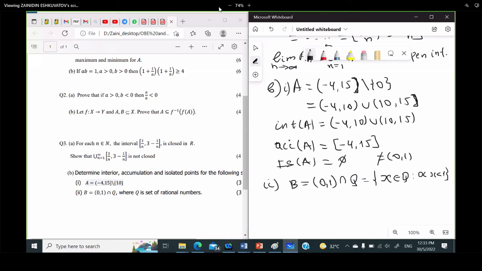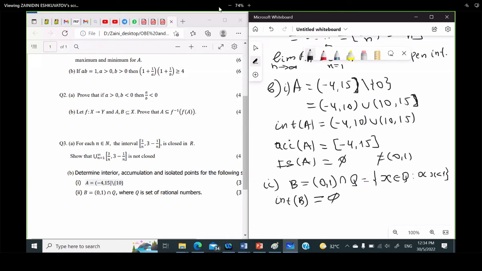Now after identifying the B set, what is the interior point of B? You see, for an interior point of B, every point with its epsilon neighborhood must belong to the set. But here, since it is all the rational numbers lying in the interval 0, 1, there is no such interior point, so it is the empty set.